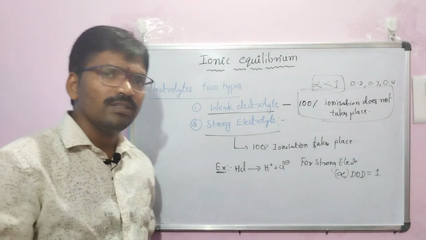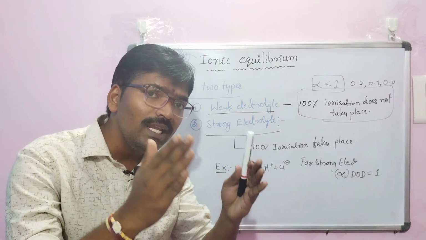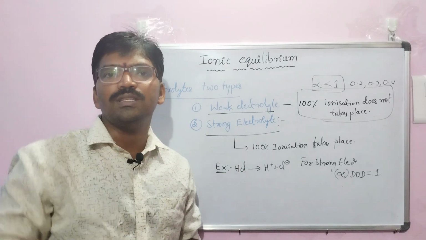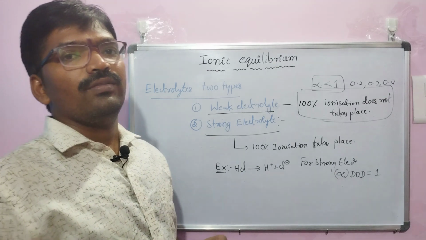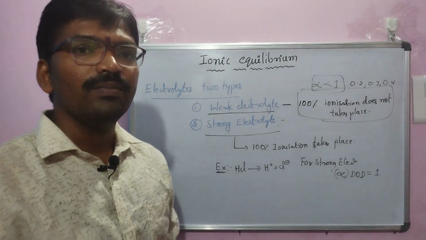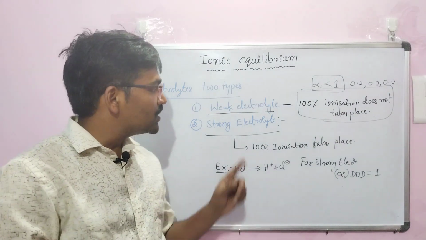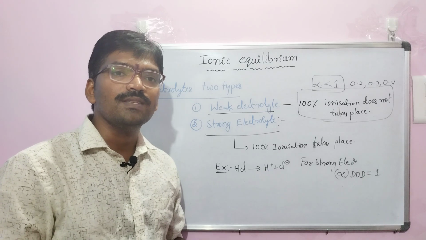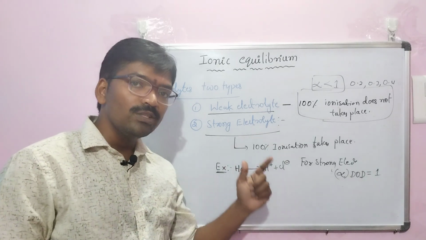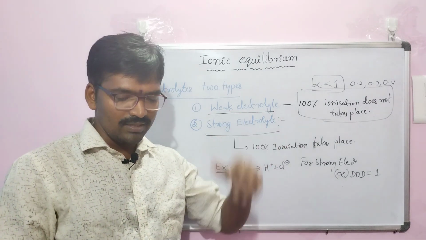Weak electrolytes are ionized only to some extent, not complete, not 100%. Where complete ionization takes place, the degree of dissociation is 1, and we call those strong electrolytes.